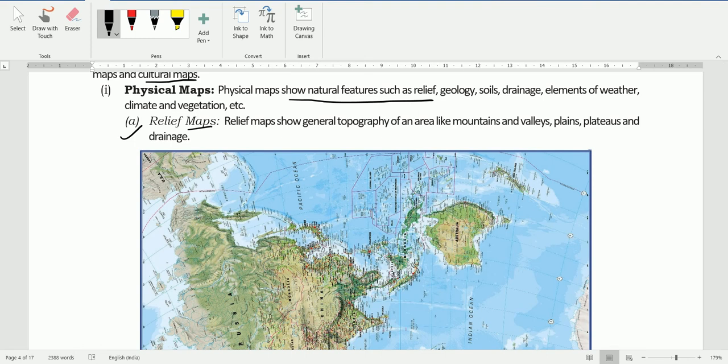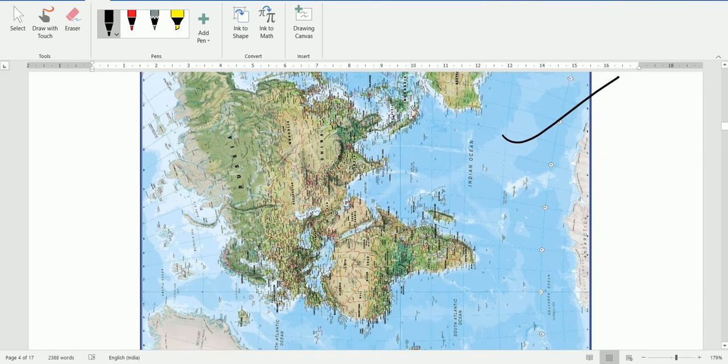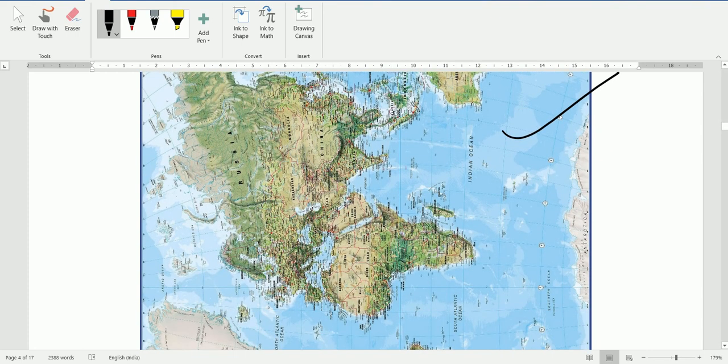This map is an example of a relief map. See here, as I told you, these green areas represent low-lying areas, plains.